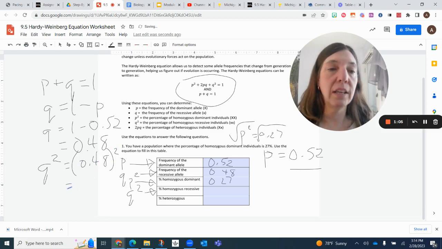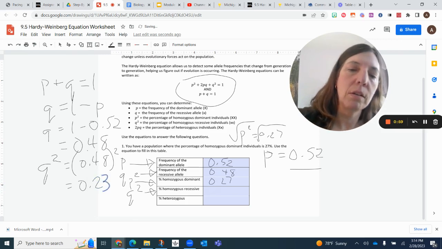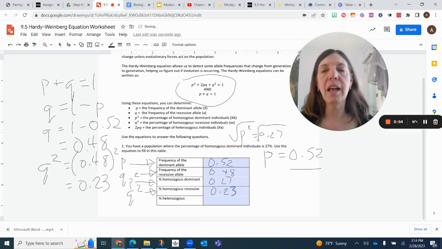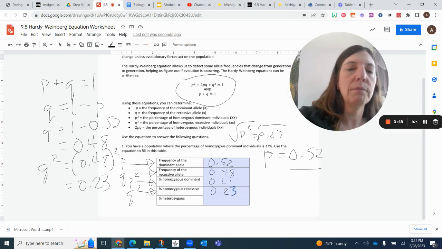In this case, again, you're going to use your calculator, and it is 0.23. And finally, the last thing we have to figure out is P squared plus 2PQ plus Q squared equals 1.